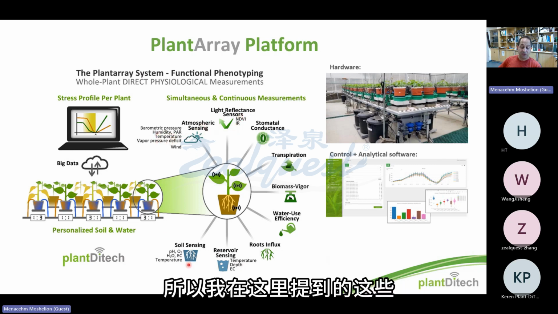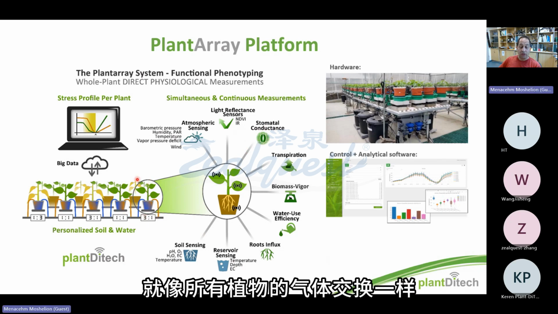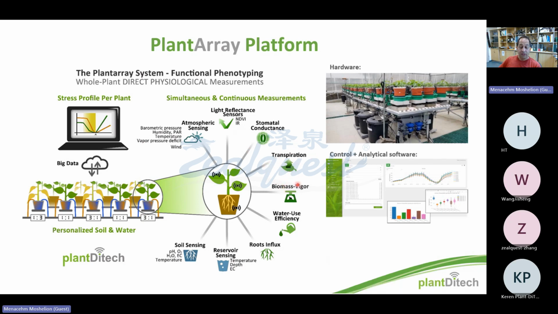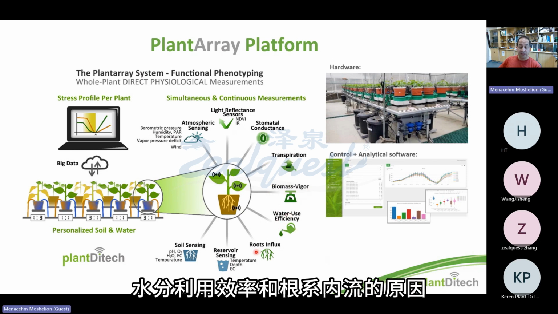All of these I mentioned are simple sensors. But the system can also measure stomatal conductance from the whole plant, like gas exchange but for the whole plant, which I will explain later: the whole plant transpiration, the whole plant biomass gain, water use efficiency, and root influx.